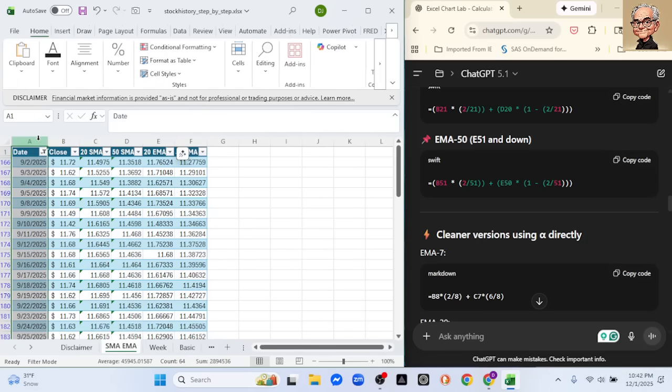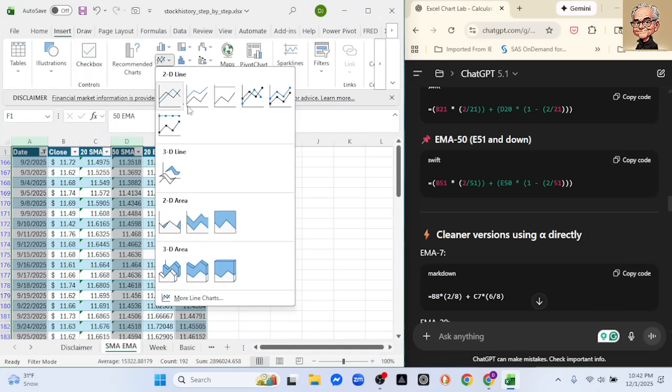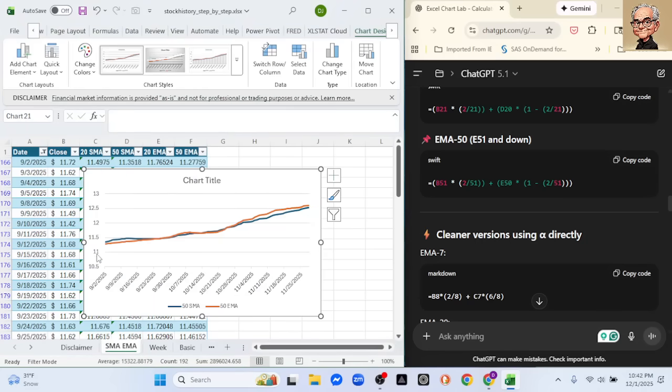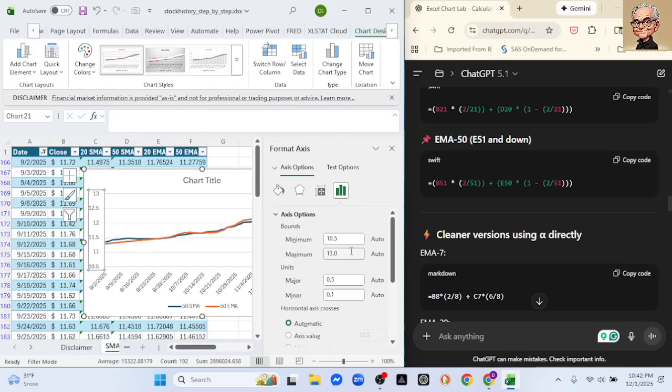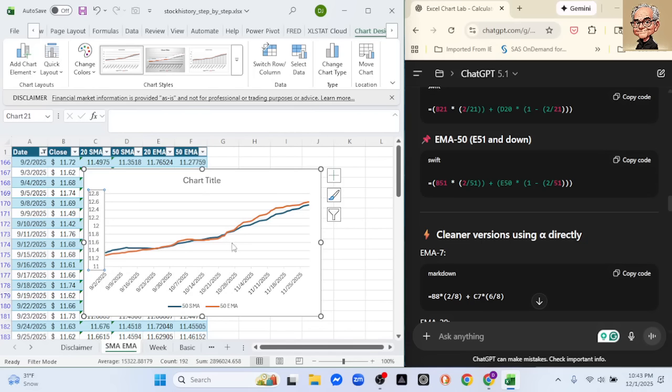Now let's compare the two 50s. Now there probably won't be as much difference on this one because, okay, there is a difference. You can see once again that the 50-day EMA is a little more responsive.